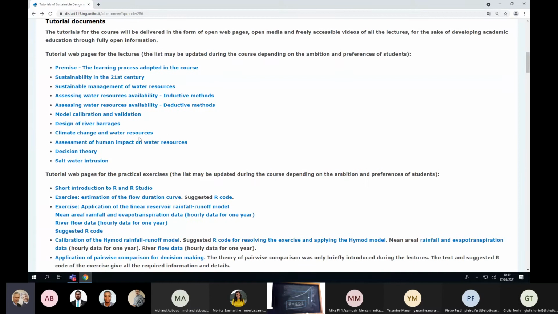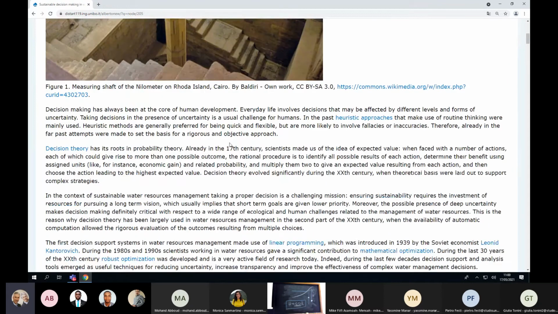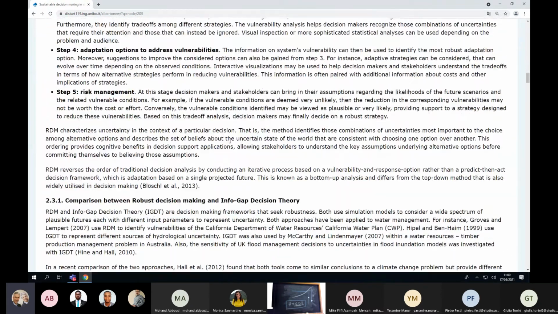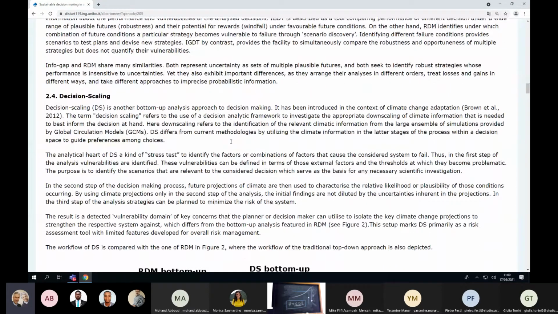Now, climate change and water resources, nothing to learn for the exam, but don't discard it because for your personal knowledge is extremely important. Assessment of human impact is something that I may ask. How would you assess the human impact on water resources? And decision theory. Decision theory, yes. Everything we discussed, it's maybe asked in particular how pairwise comparison works.